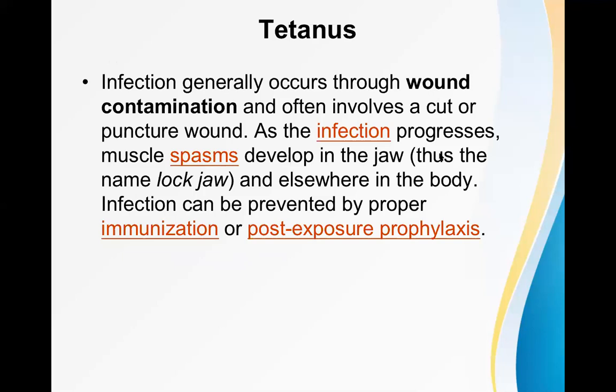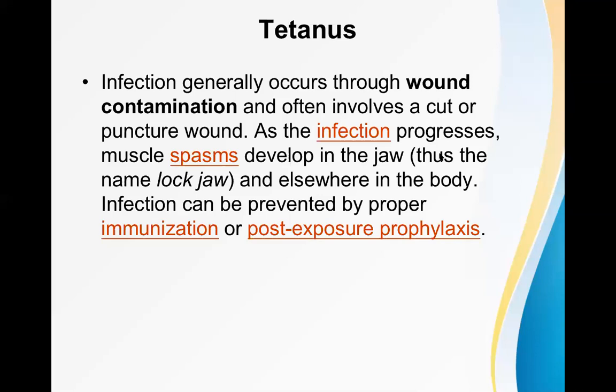Now suppose this patient did not have any previous immunization. This is important. If previous immunization was given, there is very little chance of tetanus. Now think about a situation where this patient did not have prior immunization with tetanus toxoid, and on top of that, he has a very bad injury or wound which is contaminated.